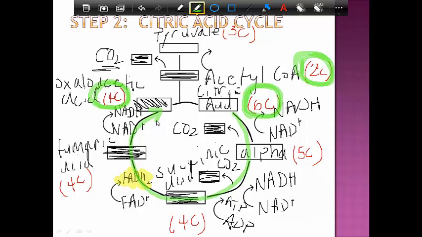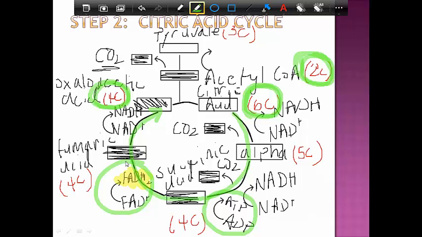The other thing I want to point out to you is, again, this is only half of the products that are formed for each glucose. For each glucose, we would actually form 2 ATPs, right? Because we'd have pyruvate going through the cycle twice, 2 pyruvates from a glucose. We'd actually have 2 FADH2s.